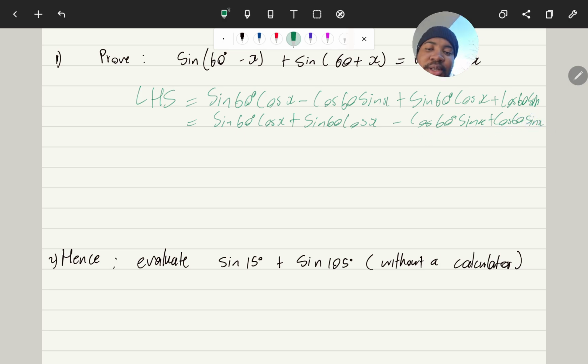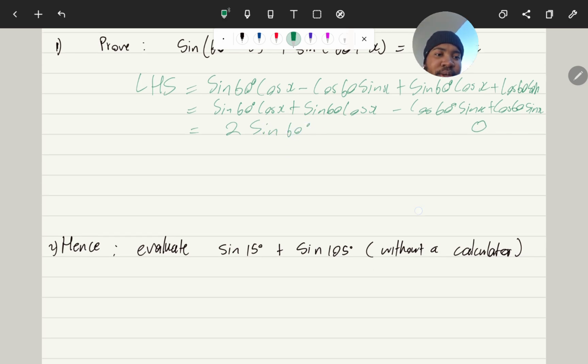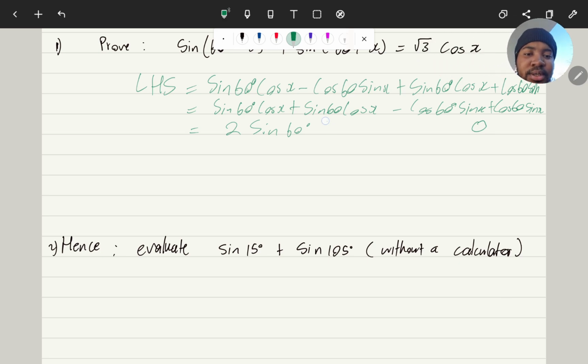So these will cancel, and here we're going to get 0. And then here you're going to have 2 sine 60 cos x.